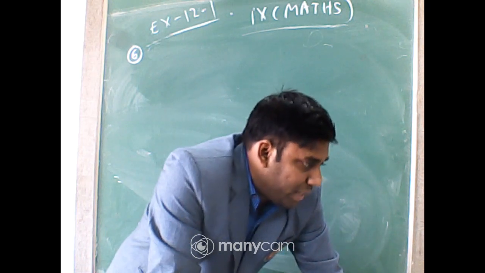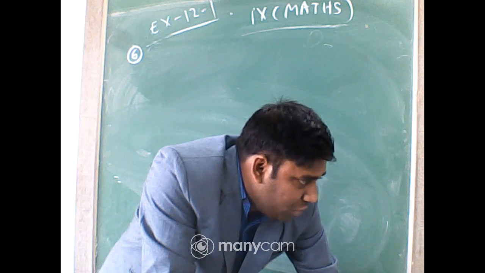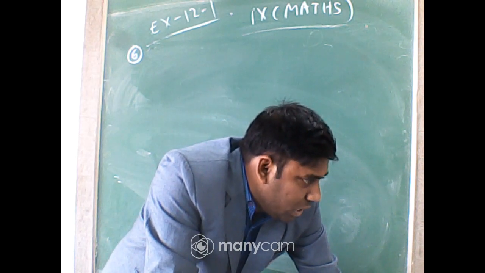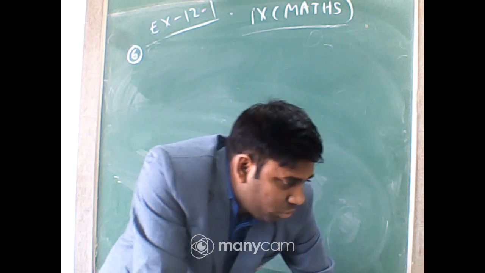An isosceles triangle has perimeter 30 cm. Each of equal sides are 12 cm. Find the area. Okay, so it's a very easy sum, students.